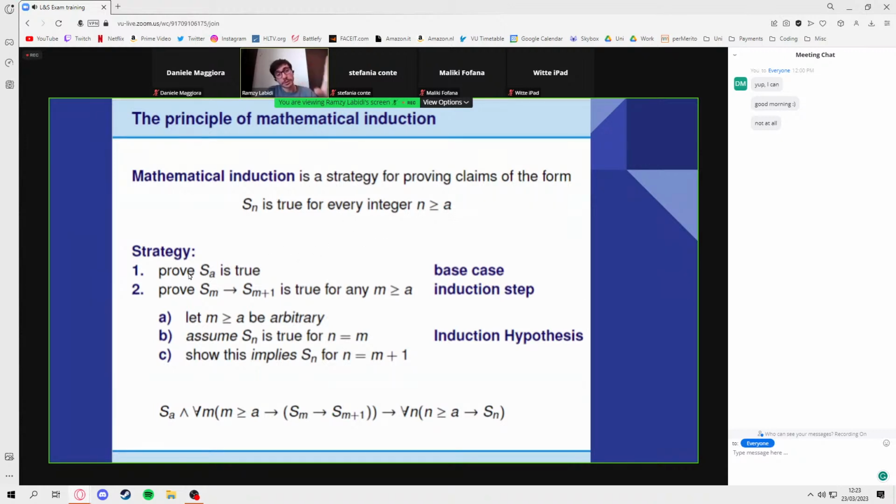So when you look at Sa being the lowest value that n can take, we consider that the base case. And then from there on, we have to assume that Sm holds, the same equation that you're offered, because at the moment we don't have any equation. In this case, Sm implies Sn plus 1 for any n bigger than a.